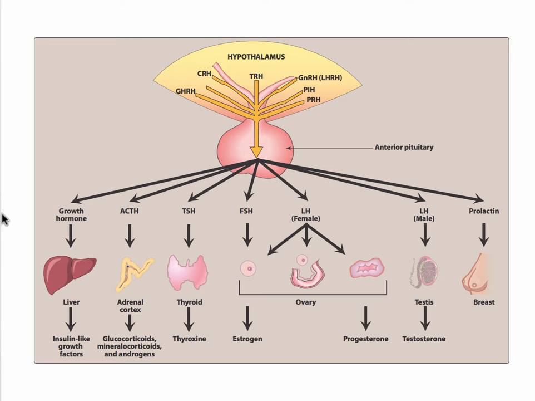So if we look, here are our tropic hormones that are released by the anterior pituitary gland. And we can see that they have multiple different targets for different types of actions. And at the very top of our diagram here is the hypothalamus. And if you remember, that's the way the nervous system is going to be able to interact and control the endocrine system.